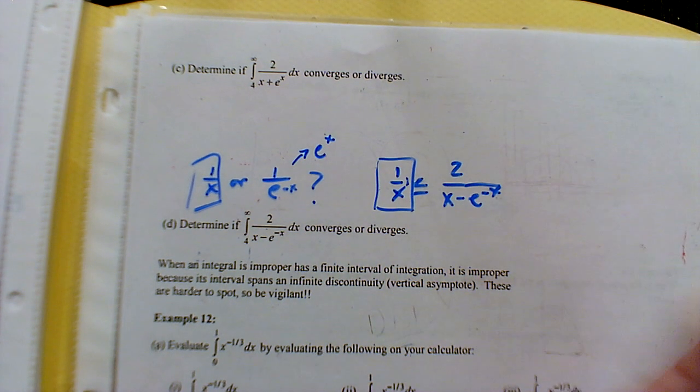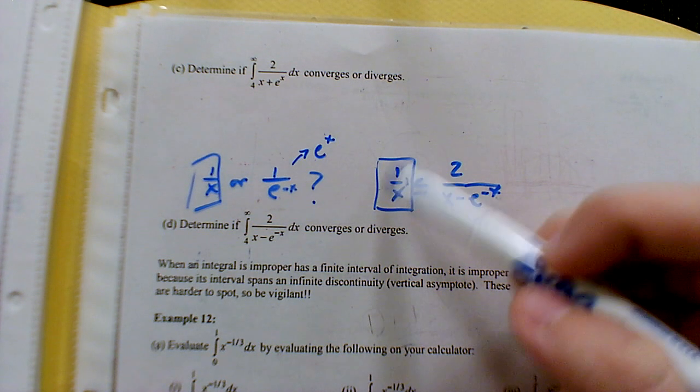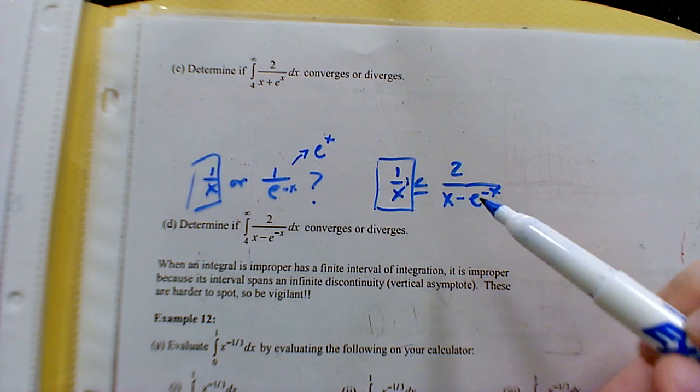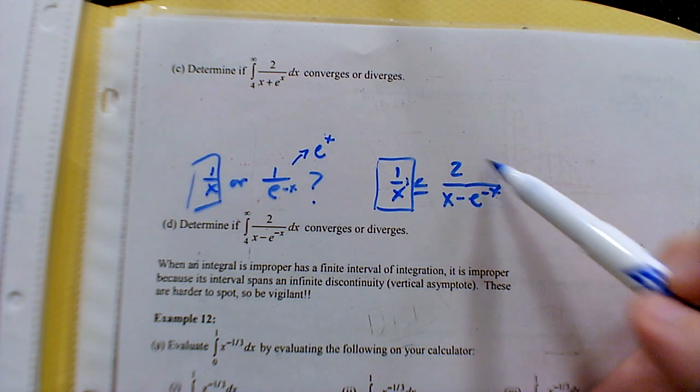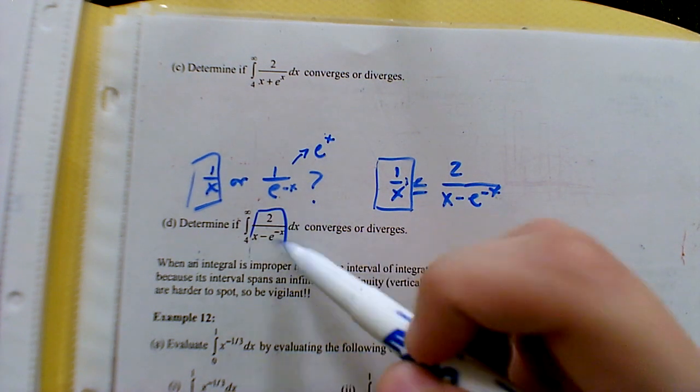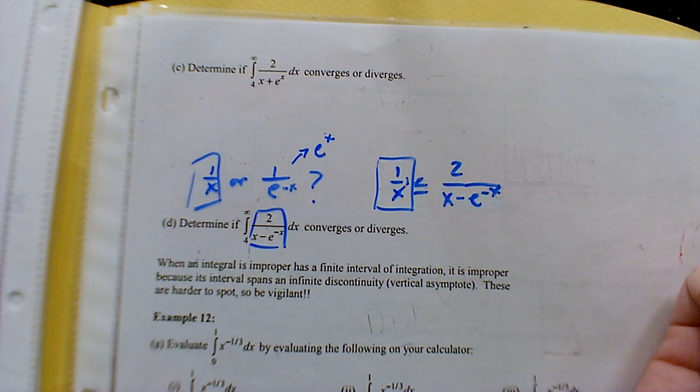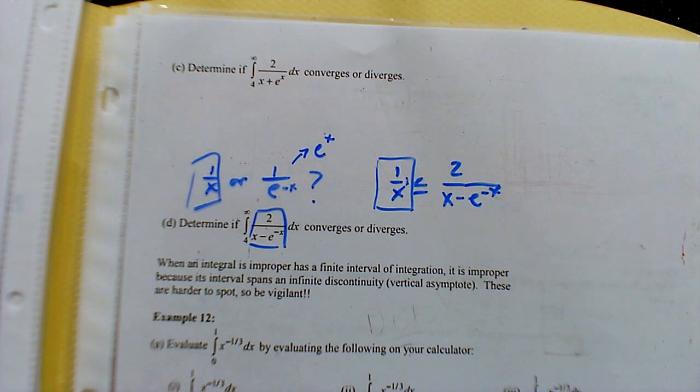So if the smaller one diverges, can we then determine what the actual integrand does? If you think about the graphs and the pictures we drew on Thursday, if the smaller one diverges, what does the larger one do? That diverges as well.